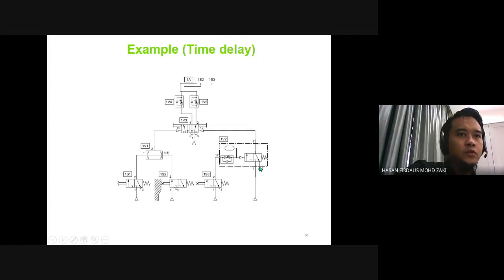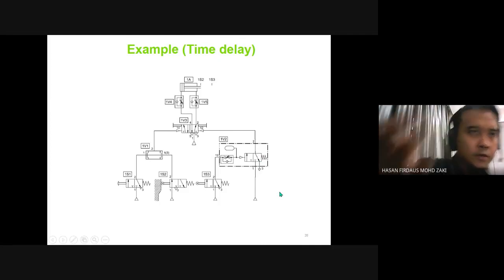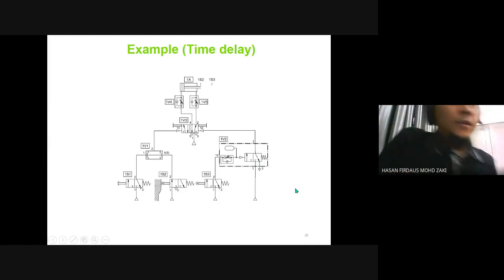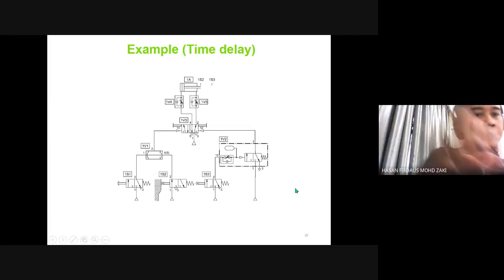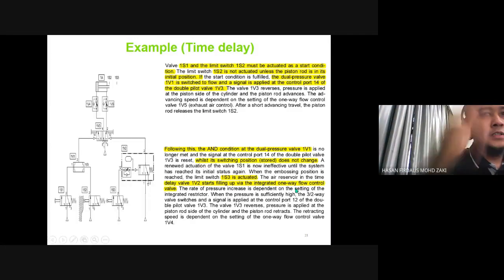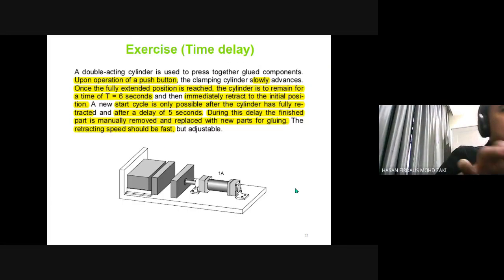Of course, for 3 you don't need to do anything, because this one will exhaust the pressure to atmosphere. Any question on this? I think this one is quite simple. This is the explanation of the one that I already explained.